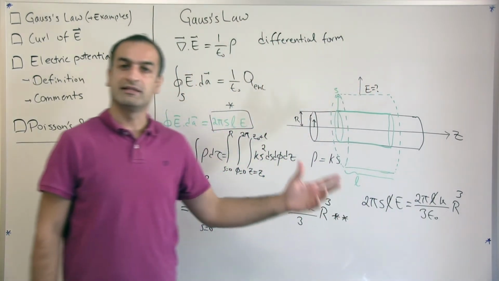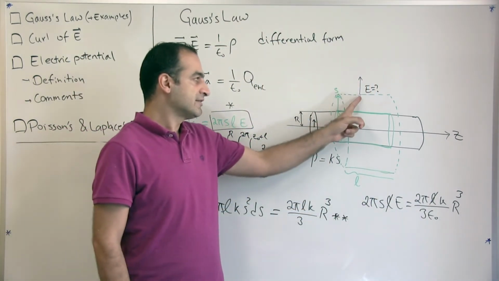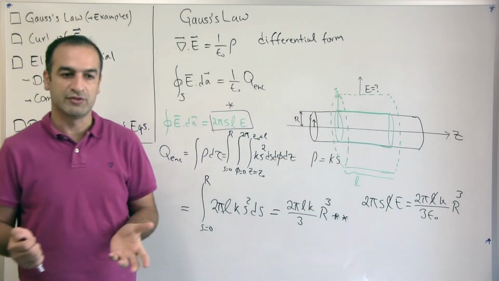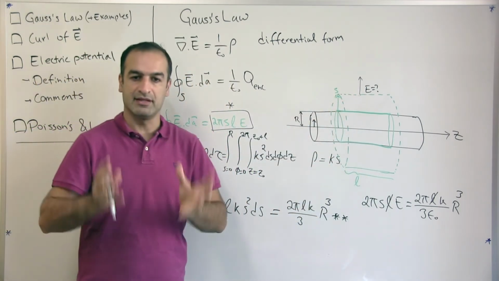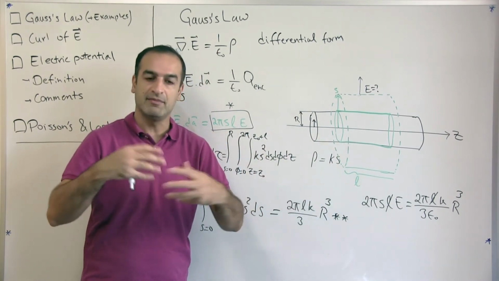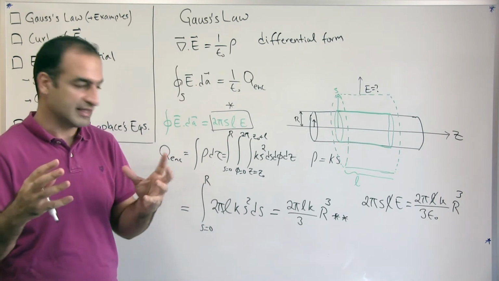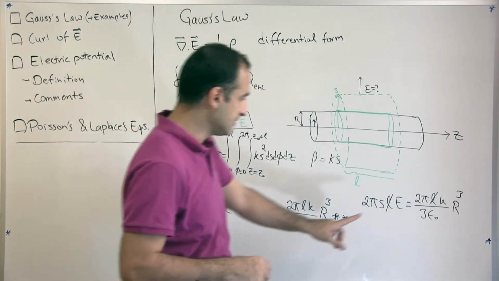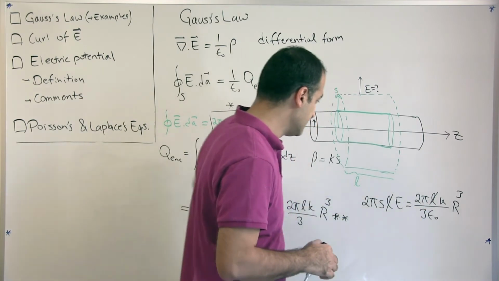I think it's easy to imagine the electric field should not depend on the length of the Gaussian cylinder that we chose here. That's a hypothetical cylinder. So whatever length we choose, at the end somehow it should cancel out so that E becomes independent of L, and that is nicely canceled out here.